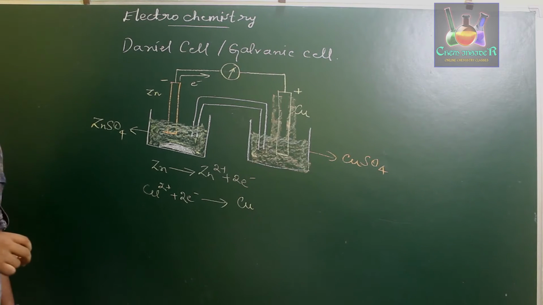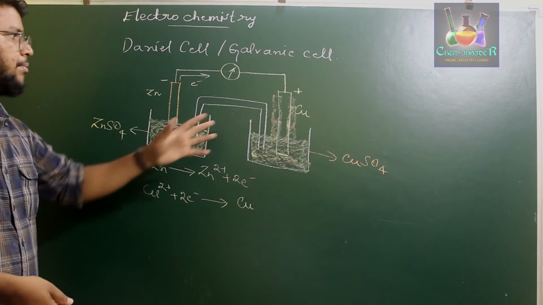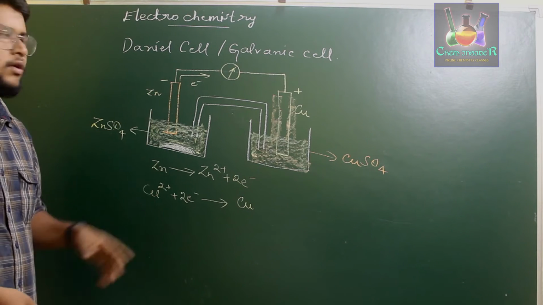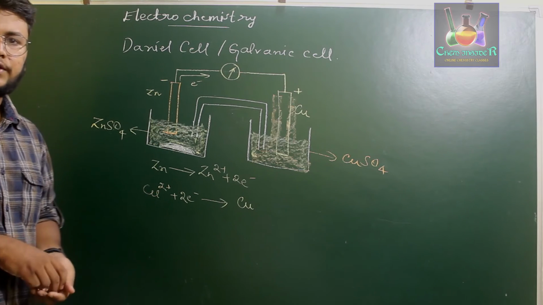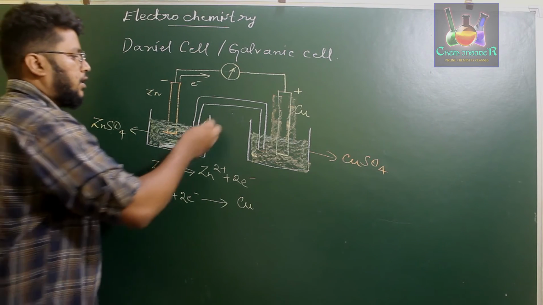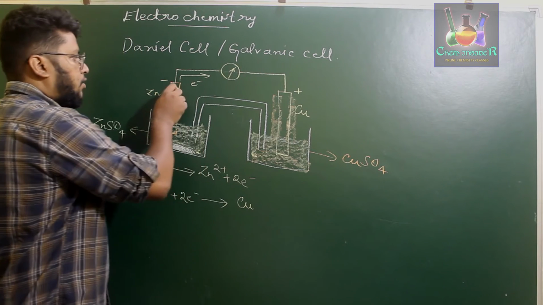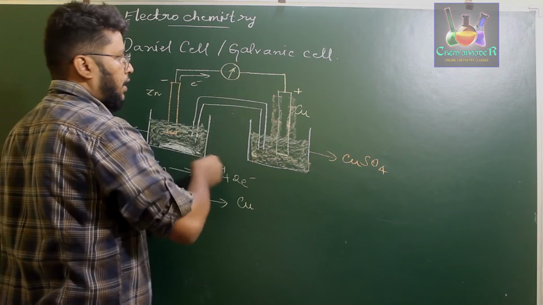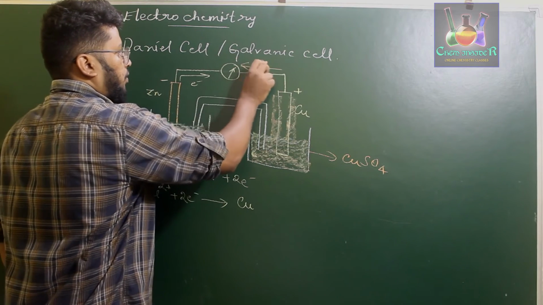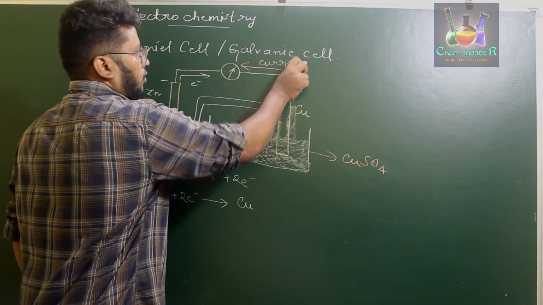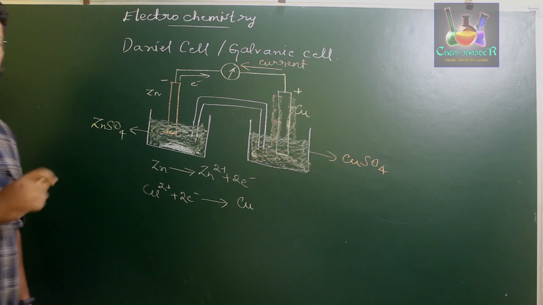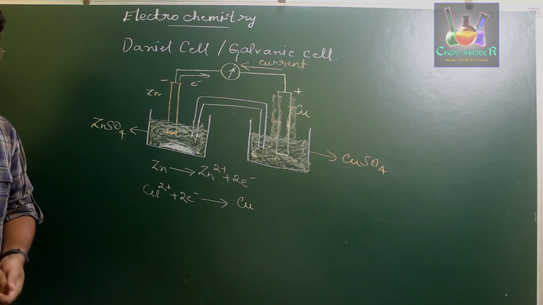That is what we have observed. So once this is formed, there will be a flow of electrons, right? If electrons are flowing in one direction, current will be flowing in the opposite direction. If electrons are flowing from the negative end to the positive end, current was observed to flow from the positive end to the negative end. So this is what we have observed in the Daniell cell, right?